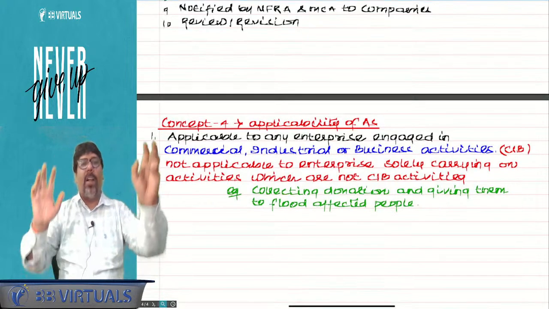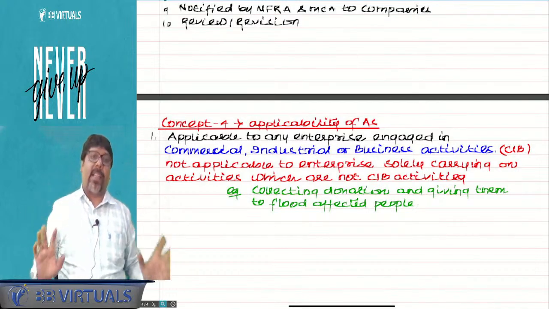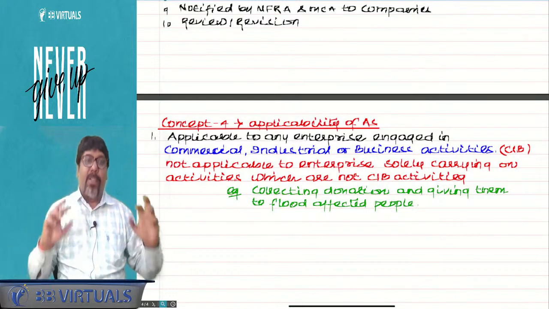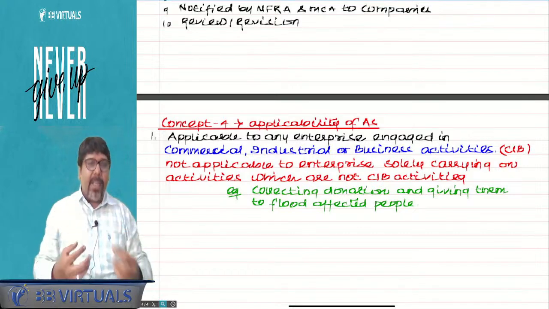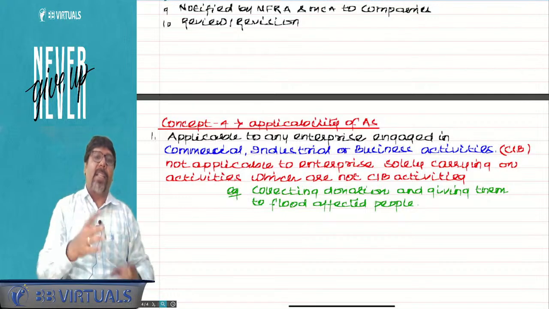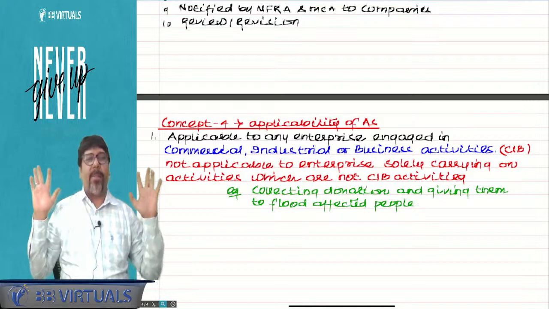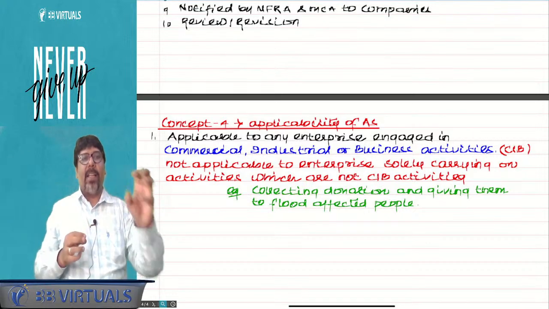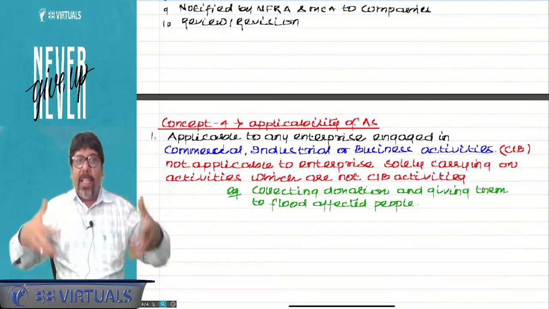It is applicable on any enterprise which is involved in commercial, industrial, or business activities. It is not applicable to those enterprises which are not involved in these three activities. They are merely taking funds and transferring it to somebody. They are not manufacturing, they are not trading, and their intention is not profit making. They are collecting money, giving money. Am I clear? Yes or no? Just donation, that too. They are not creating money also.